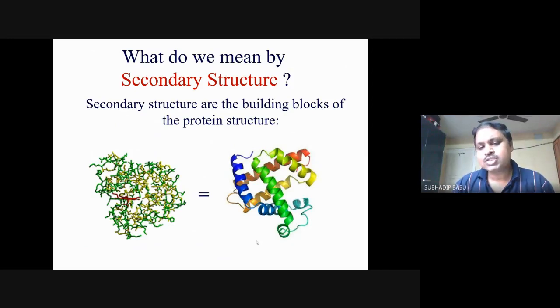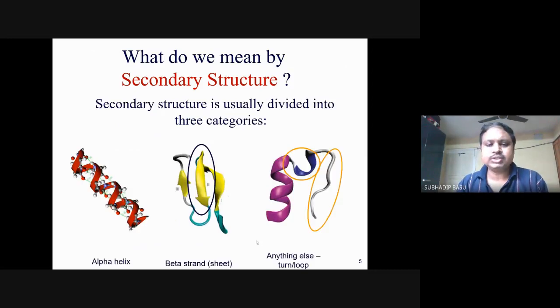These helical structures are often called alpha helix, and they are called the building blocks of the proteins. As we said, there are three or four categorizations, but in the most generic term, we have the helix. The other most popular form is the beta strand.